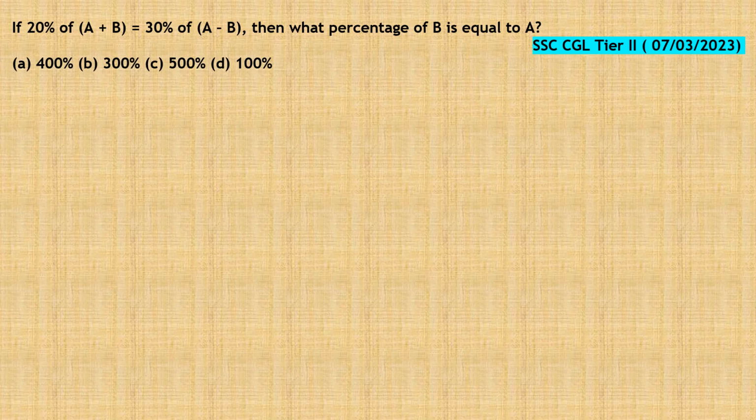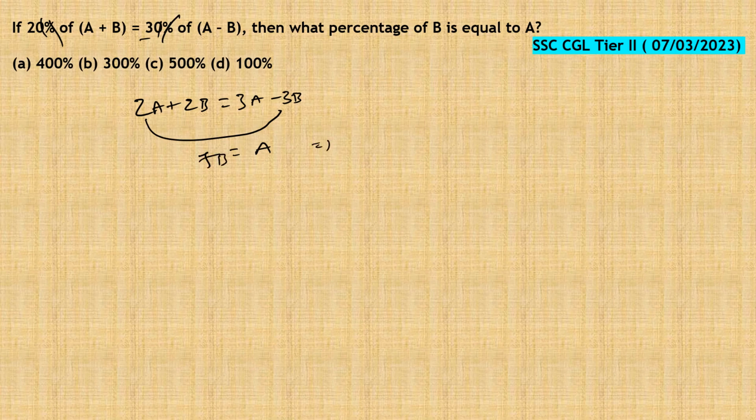20% of a plus b is equal to 30% of a minus b. You can simply cancel the percentage here. What we have? 2a plus 2b is equal to 3a minus 3b. If you equate it, 2a from 3a, we will get a here, and 3b plus 2b, that is 5b.